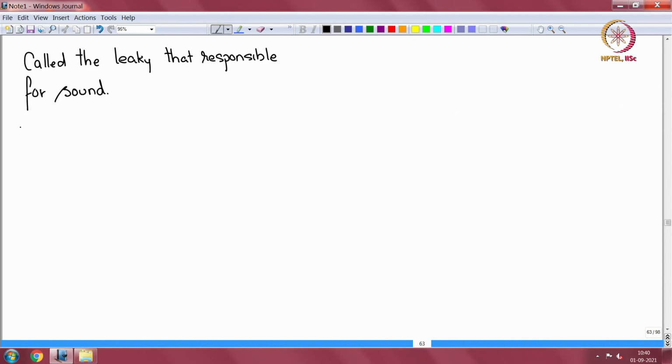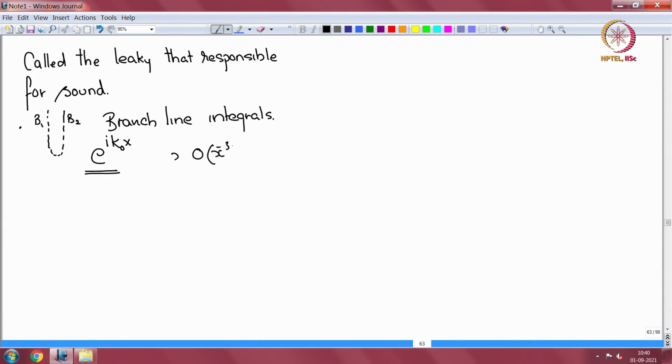Other than that, from the branch line integrals, the B1 and B2 branch line integrals, we get a vibration contribution which has this as the dominant propagator, and it decays as x to the power minus 3 by 2.